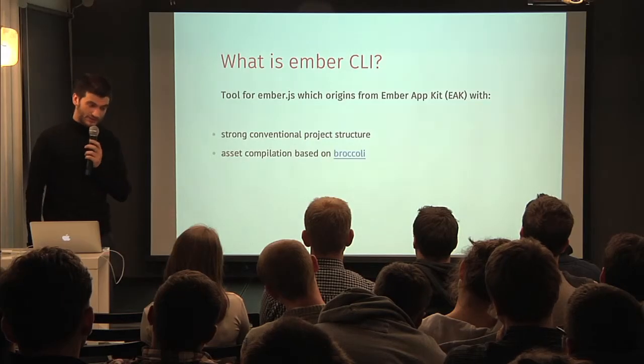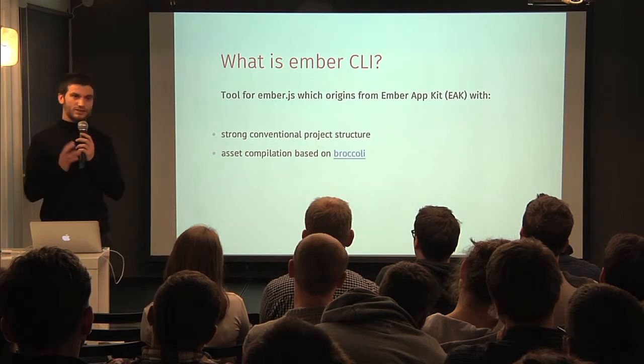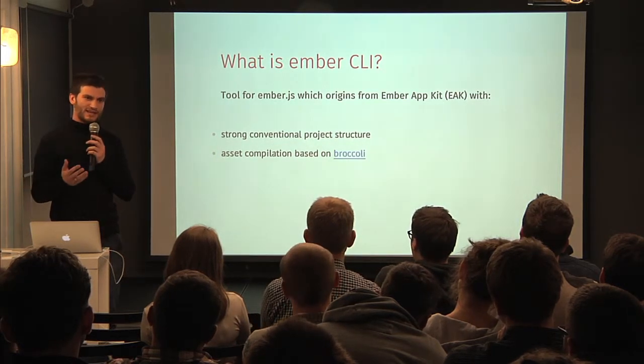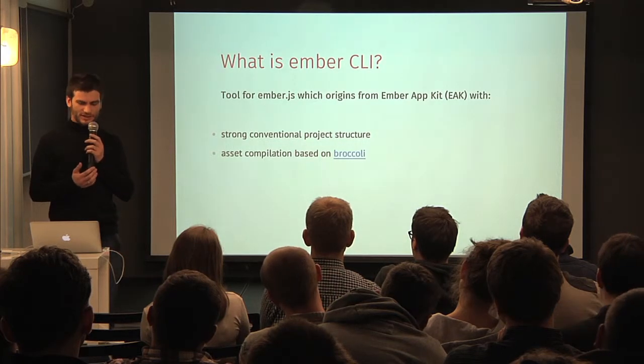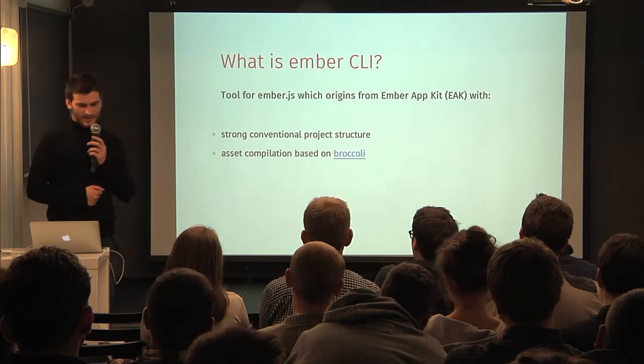So Ember CLI has a strong conventional project structure, which is good. It gives many benefits. All Ember CLI apps look the same. We can easily know where we can expect what kind of files, which I will show you today. And it's based on asset compilation supported by Broccoli.